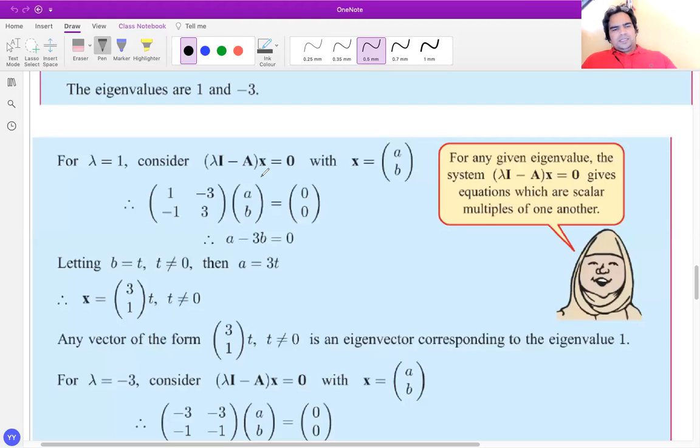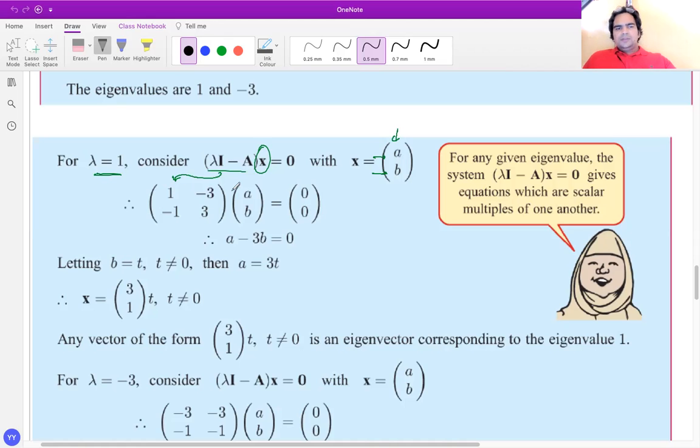If I take the vector x as a 2 by 1 vector, which is a and b, and multiply the matrix considering lambda equals 1, the answer is 0, 0.